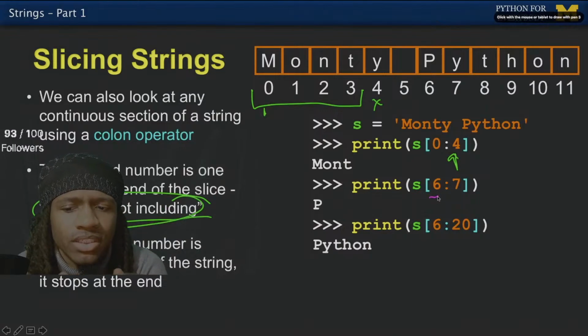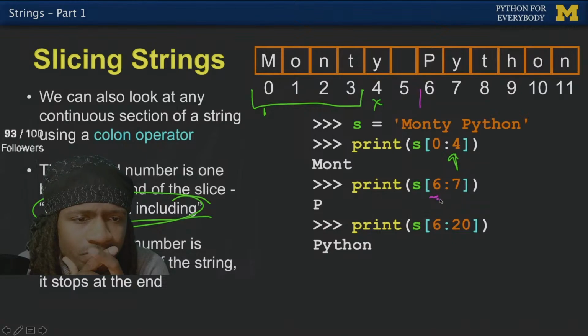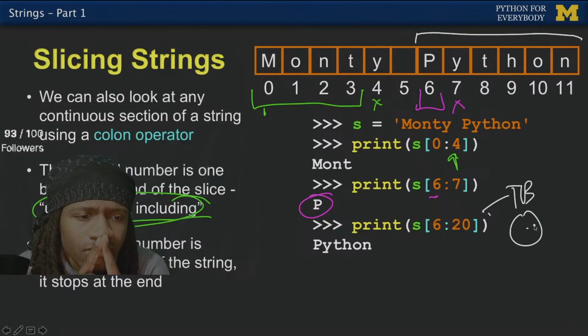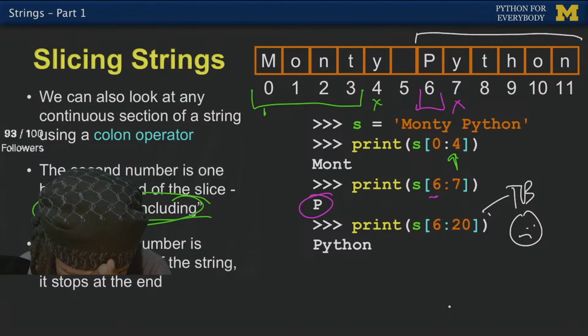Slicing strings, 6 to 7, up to but not including. Well, 6 starts here, and up to but not including doesn't include the 7, so that's why we get a capital P. And then if we do 6 through 20, you'd think this would be a traceback. But it's not a traceback. After a while, you're like, I'm a little disappointed in you, Python.